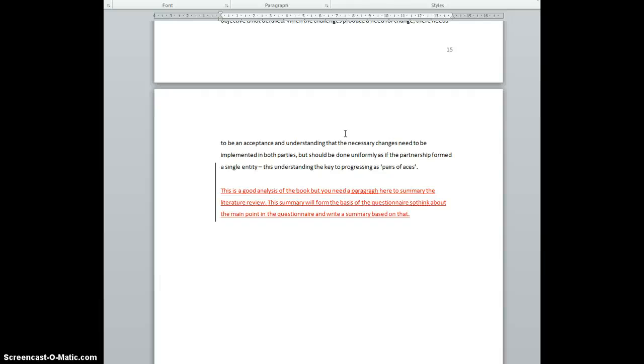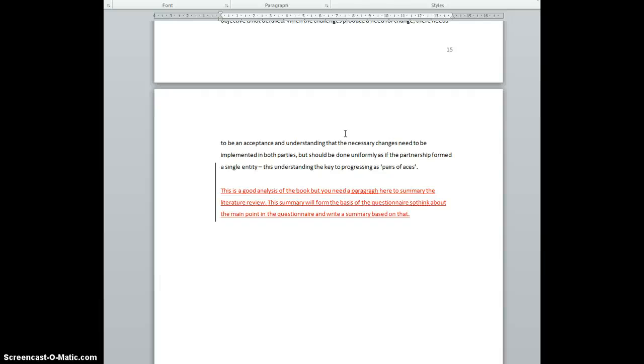because what you're supposed to do from your literature review is build the model for your questionnaires. So what I've said here is go back, look at the questionnaire that you produced, and it brought out a number of points that you wanted to test. Now, the theory of this is that the reason you've got those questions is an outcome of the literature review.